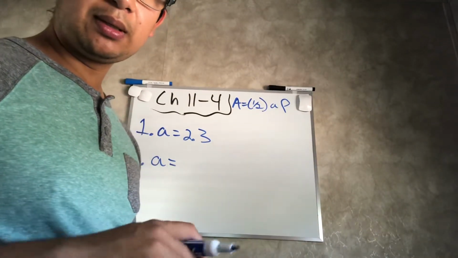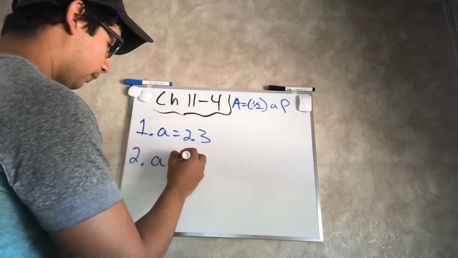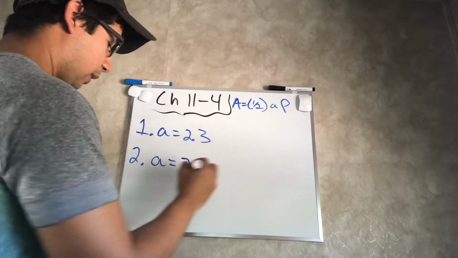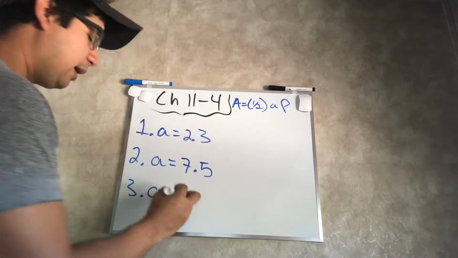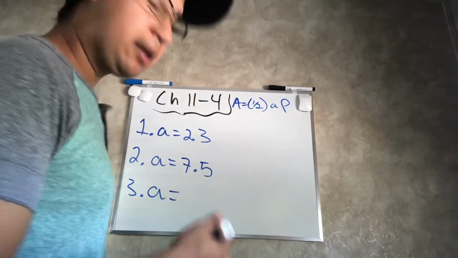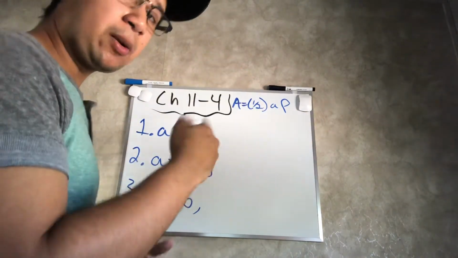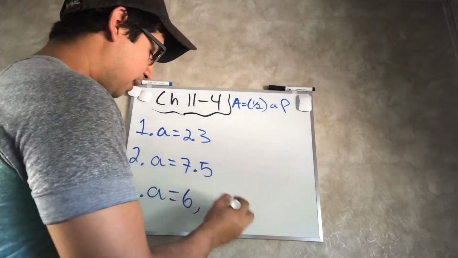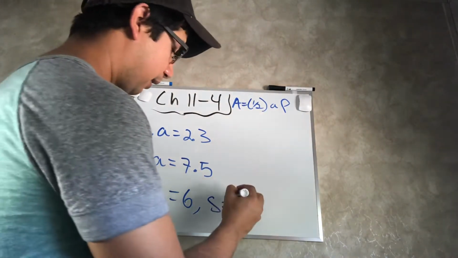Number 2 is 7.5. And for number 3, your A, your apothem, is given. It is 6. But what you need to find out is the sides, and I'm going to give you the sides too. One of the sides measures 7.